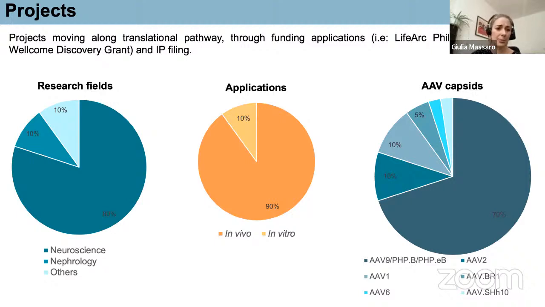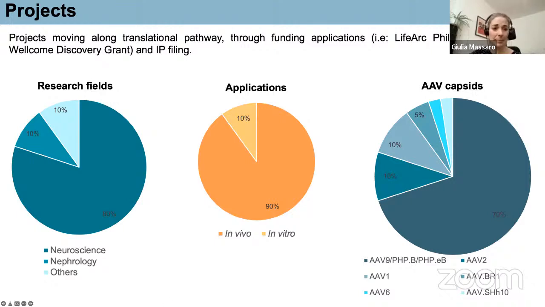In terms of the research field, as expected, most of the users come from the neuroscience field. This reflects on the AAV capsids produced: 70% of the capsids that we produce so far are AAV9, PHP.B, and PHP.eB.